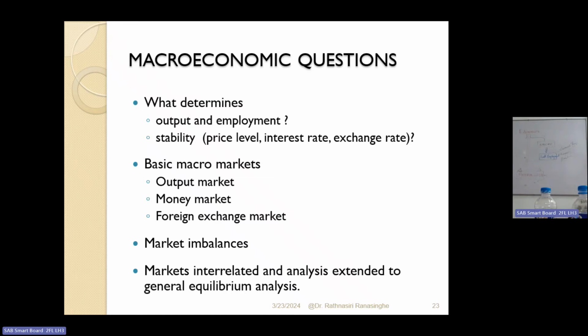And when it comes to the monetary sector, the money market, we have money demand and money supply, right? Money supply, sometimes we assume it's the inelastic type, right? We go this way also, because money supply is a policy variable determined by the central bank, right?